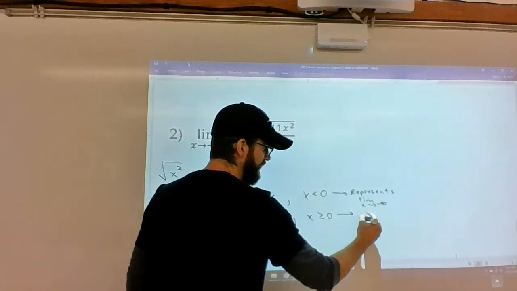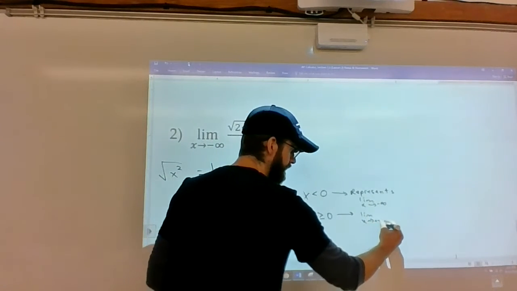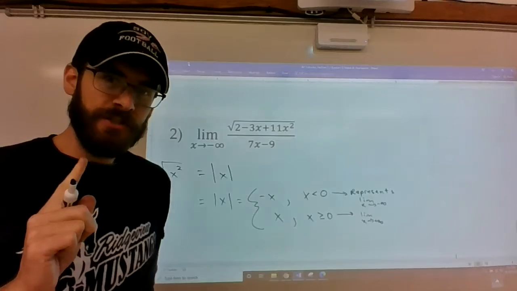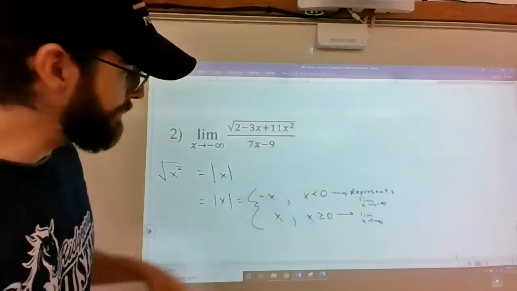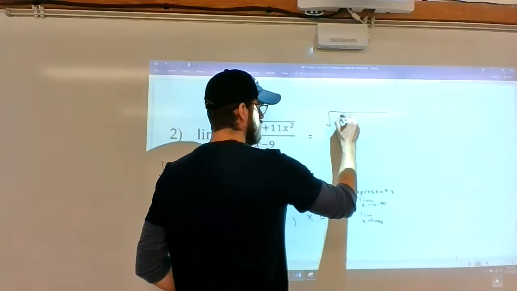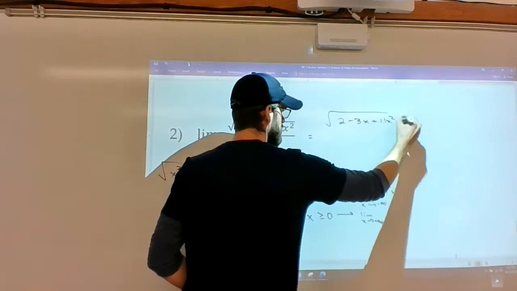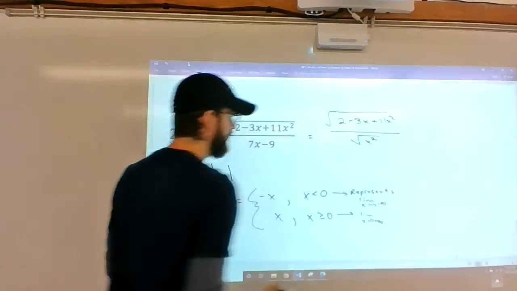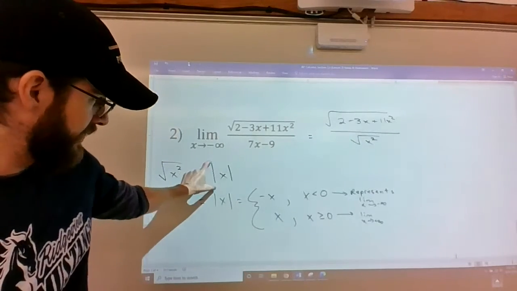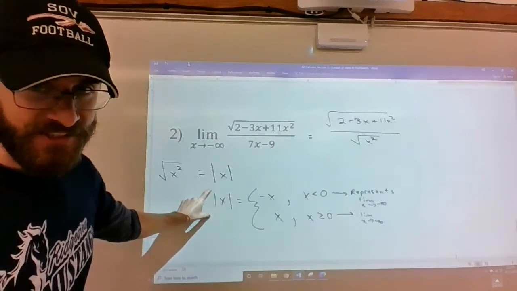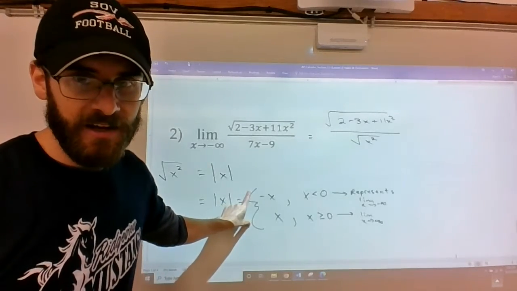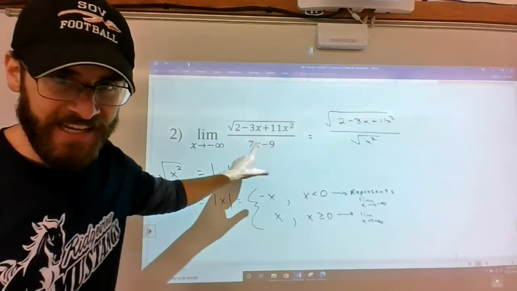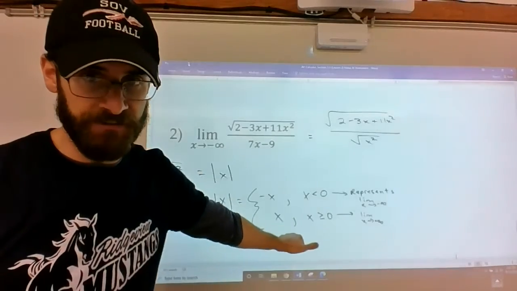This one represents the limit as x approaches positive infinity. So, when we divide the top by root x squared, we are dividing by this on the bottom, which is actually this, which splits up into 2 different parts when you talk about limits approaching negative infinity and limits approaching positive infinity.